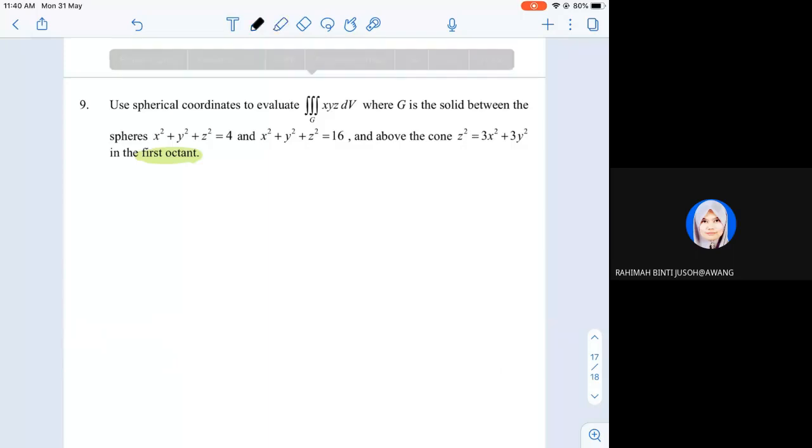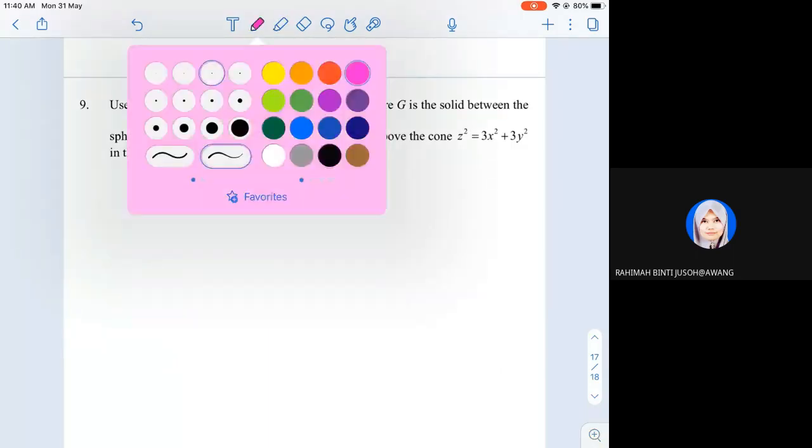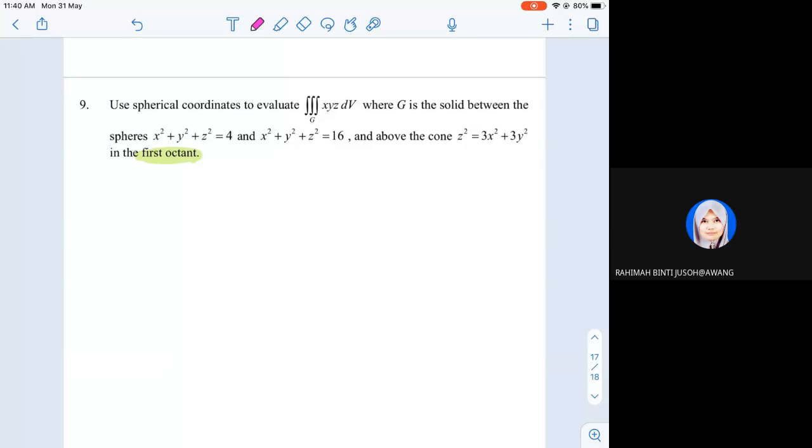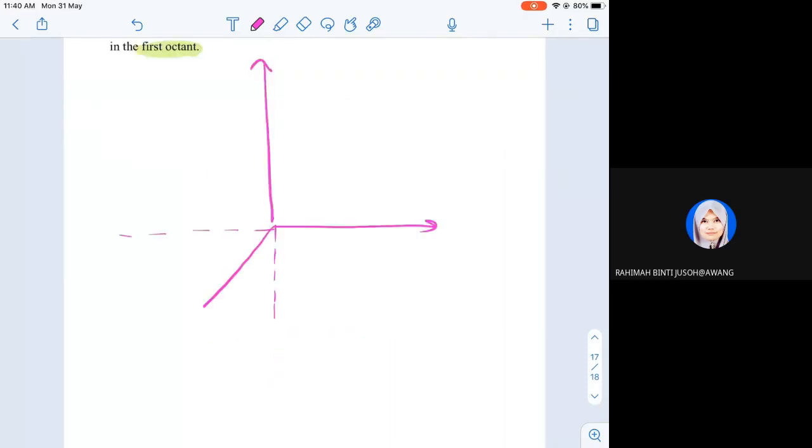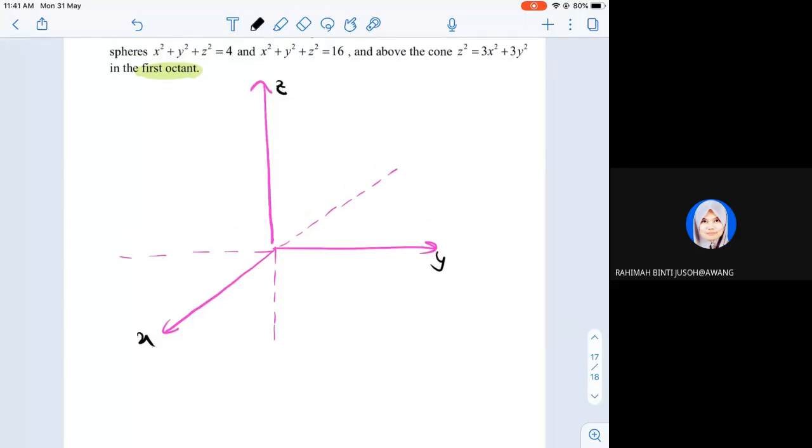So kalau if we can sketch, I just consider hemisphere yang belah atas sahajalah sebab dia nak first octant kan. So we will have X, Y, Z. Macam tu.